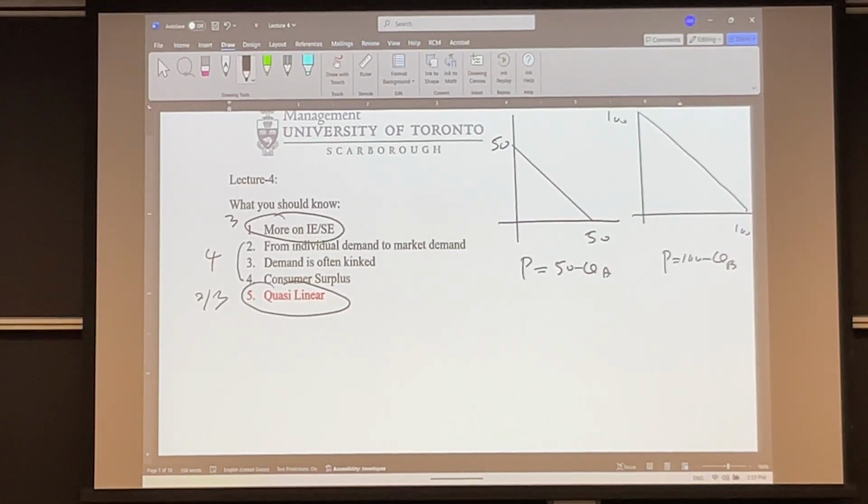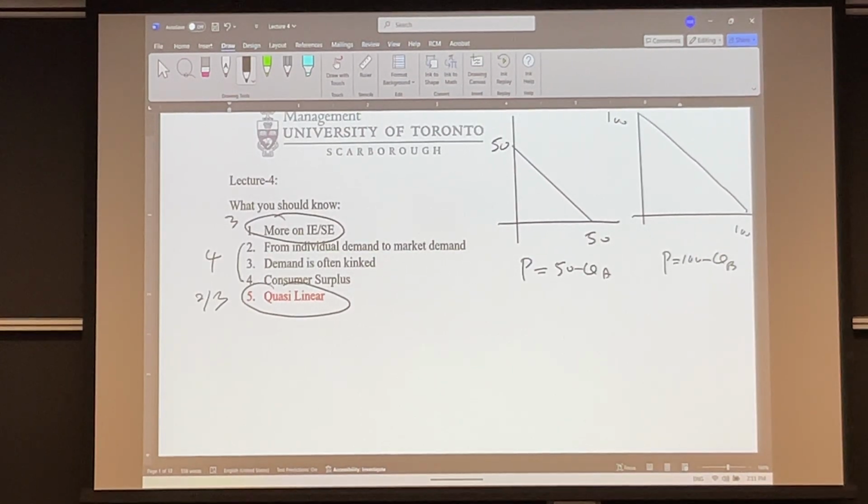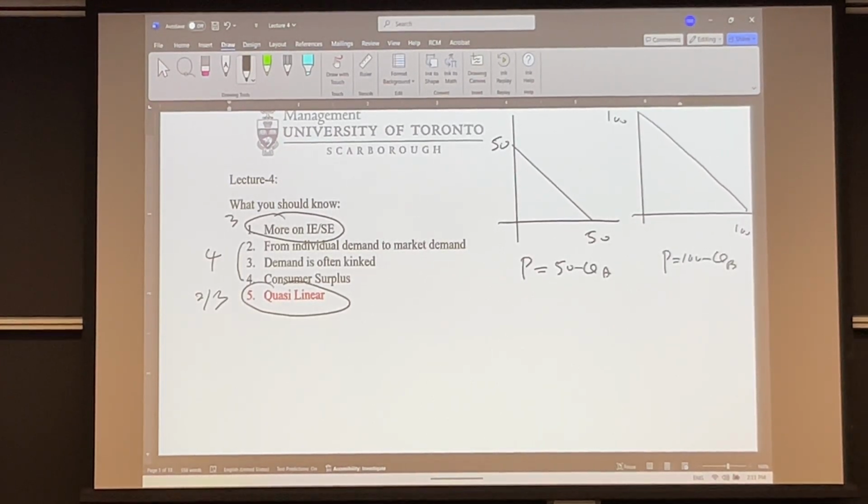How do you go from individual demands to market demand? That's the question. How do you stack up the individual demands to get the market demand, assuming you have 2 consumers? You may say that's not very hard. You just calculate QA, QB.